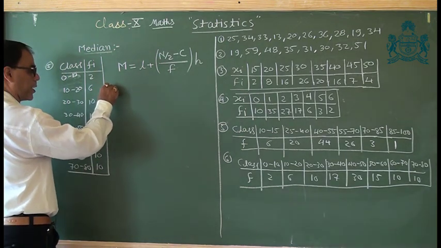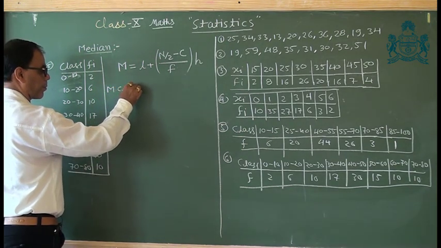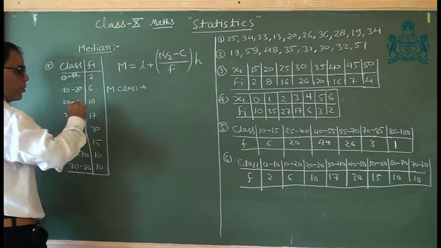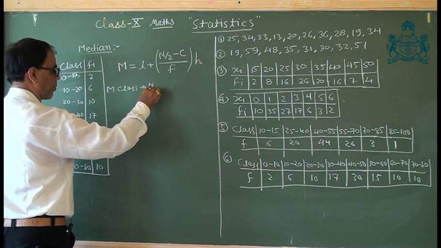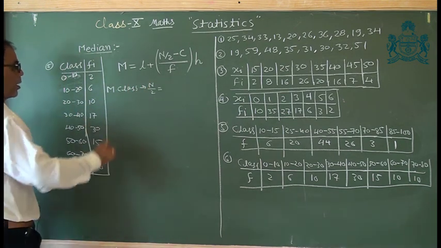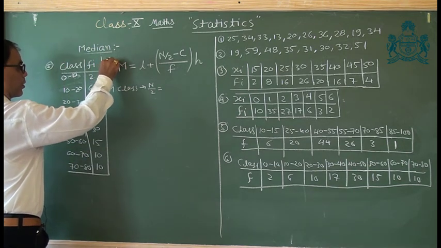Therefore, median class equals n by 2, where n is the sum of frequency.